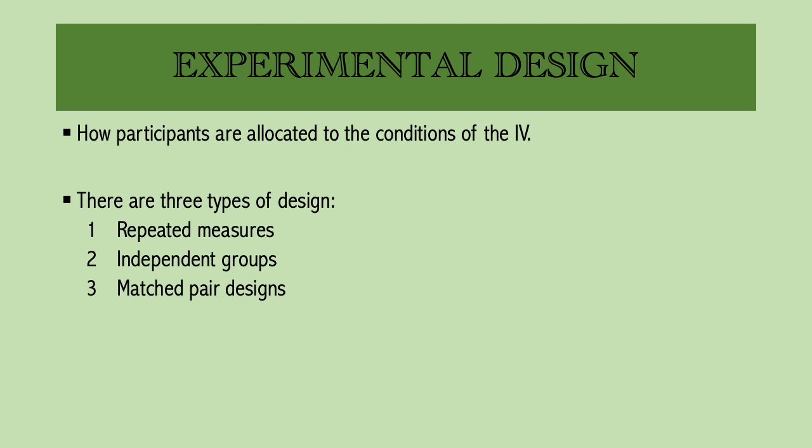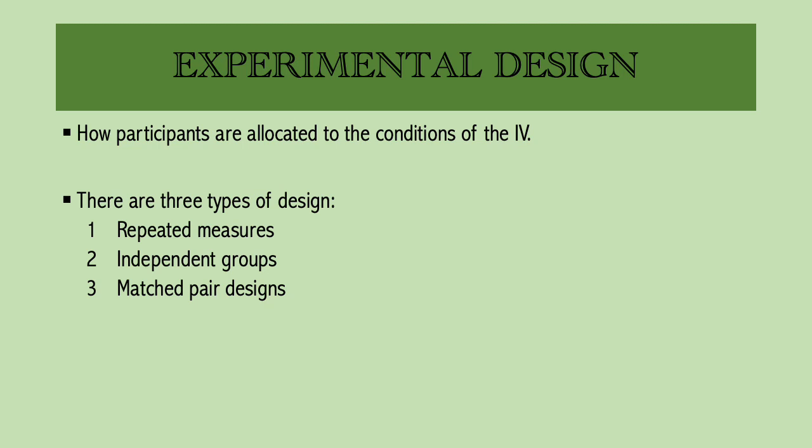So today, we're going to go into one of the components under experimental methods. As you know, experiments are of three types, which are lab, field, and quasi. Another key term that I want to teach today is experimental design.